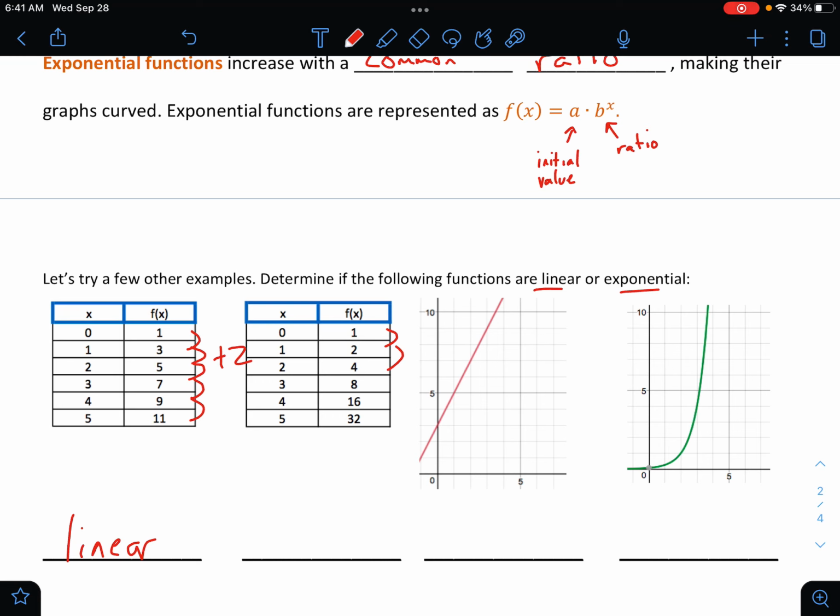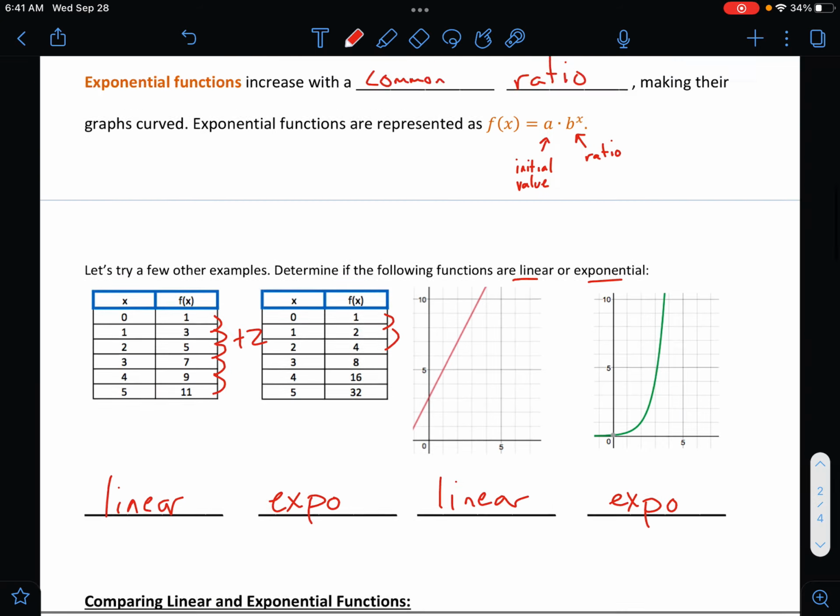So instead, it's times 2, times 2, times 2. So this one is exponential. I'm just going to say expo for now. This is a straight line in graph number 3, so that one would be linear. And then this one is exponential, where it goes from really small to really big. So that is exponential.